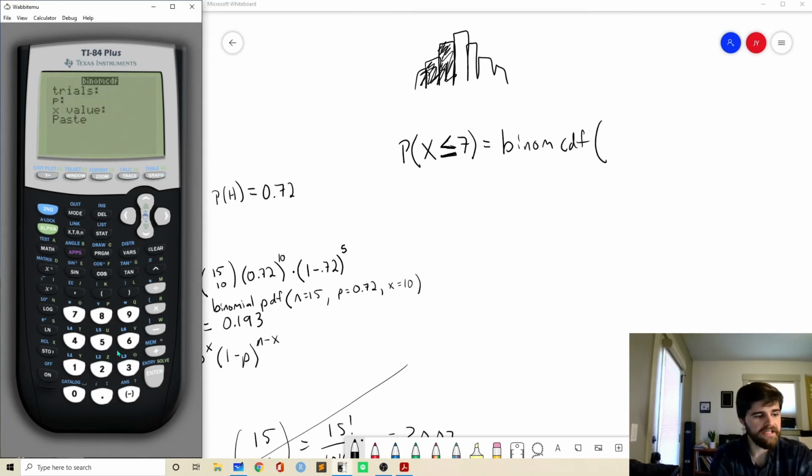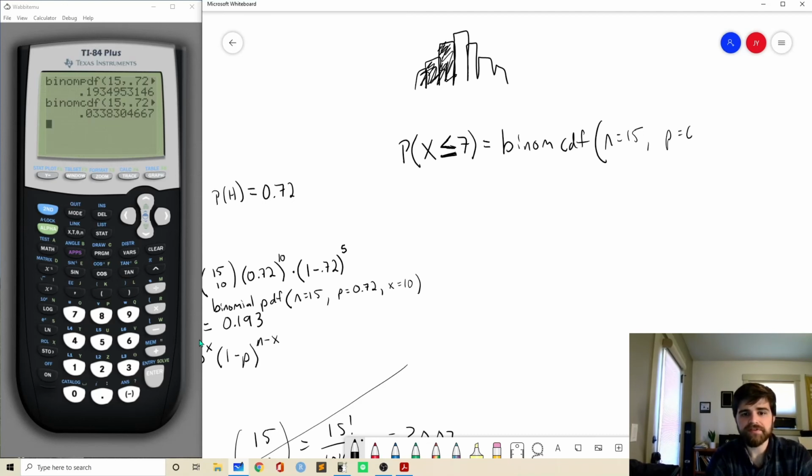So we're going to fill this out again. I'm doing 15 coin flips. The probability of getting heads is 0.72. I want to know the chance of 7 or less heads. So the number of trials is 15, the probability of success is 0.72, and we wanted 7 or less, so x is less than or equal to 7.